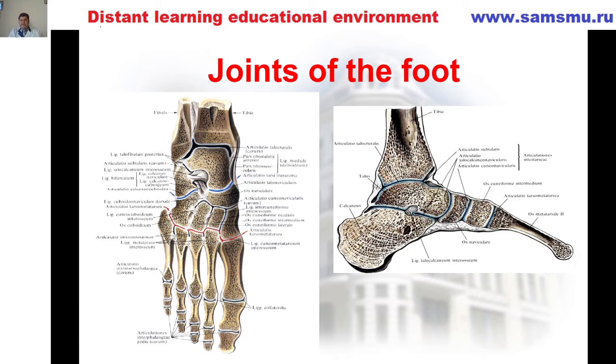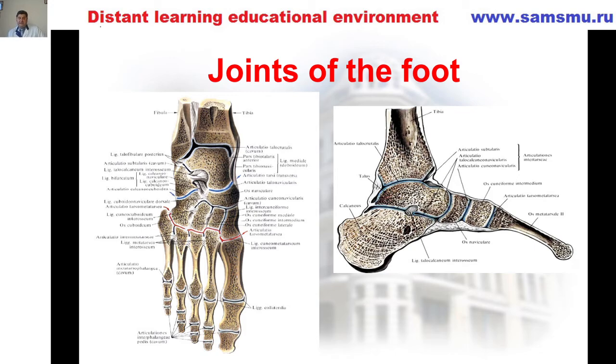The articular capsule is attached to the cartilaginous margin of the articular surfaces and covers part of the neck of the talus in front. Accessory ligaments run on the sides of the joint from the malleoli to the adjacent tarsal bones.